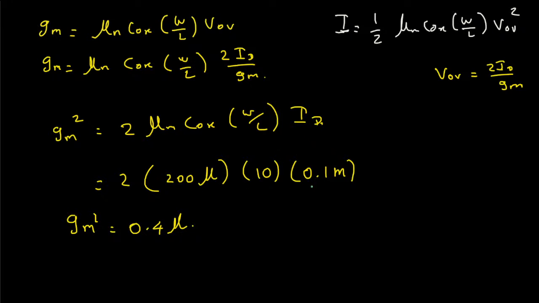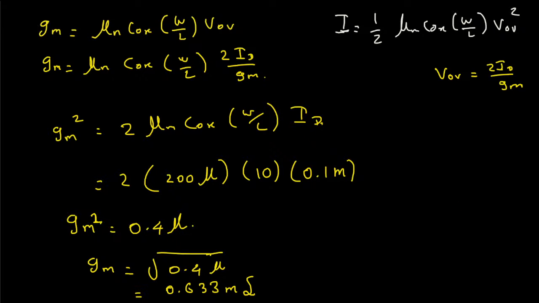Let me double check. 2 times 200 is 400, 10 times 0.1 is 1, so that is 400 micro times milli, which is 0.4 micro. So gm squared is 0.4 micro, and gm is the square root of that, which becomes 0.633 millisiemens.